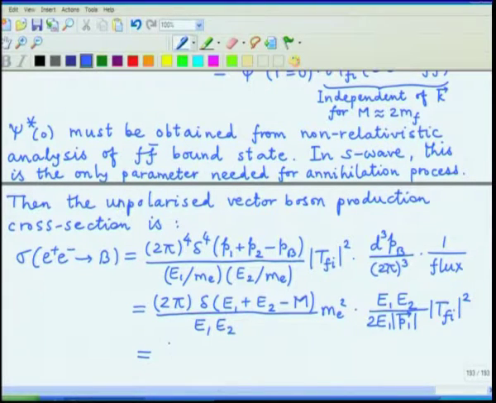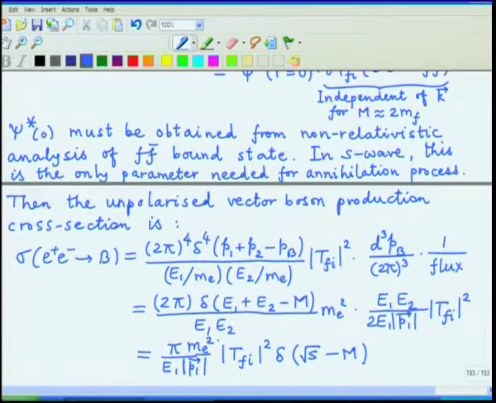cancels out various things. So, there is pi divided by E1 P1, then there is m e square, and then the matrix element square, and the delta function can now be written as square root of S, which is the center of mass energy, minus m.